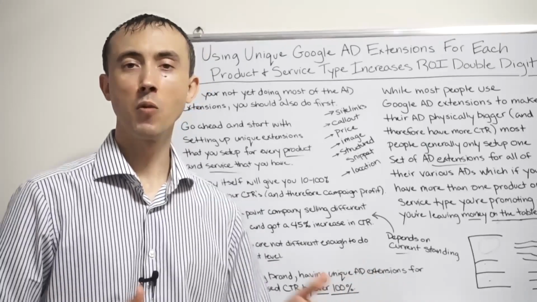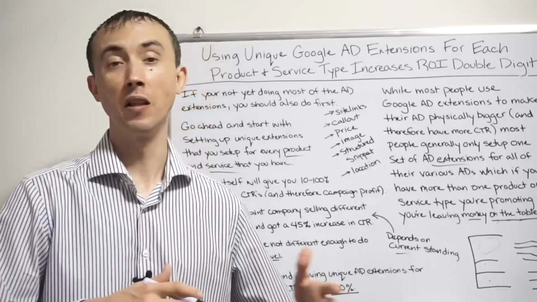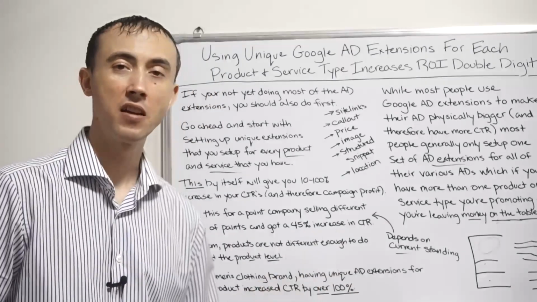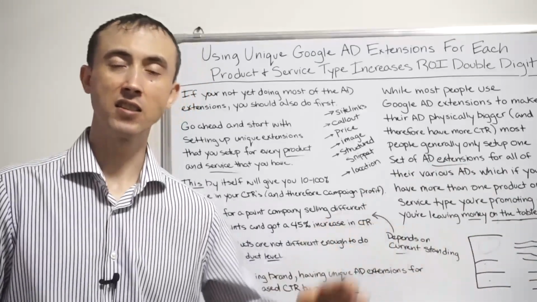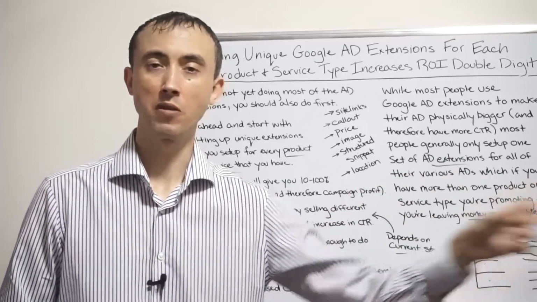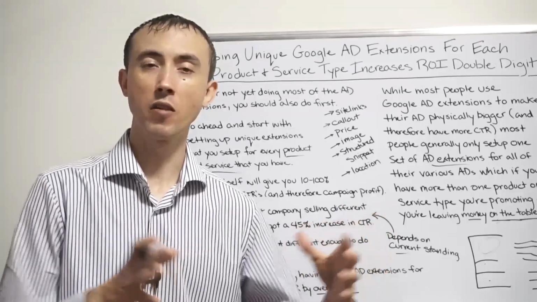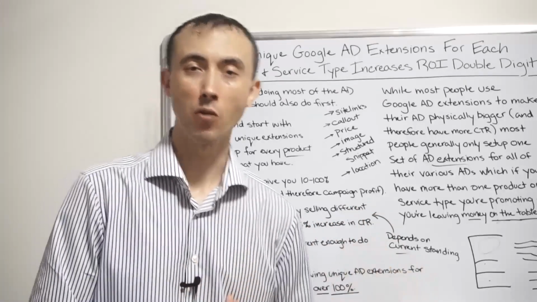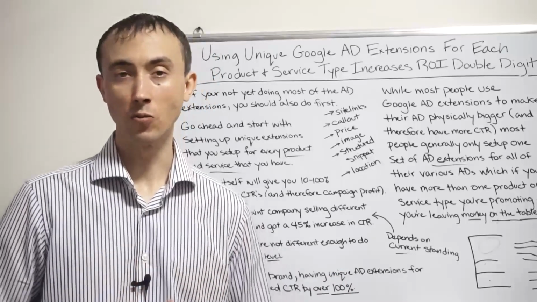So, with all that said, that's one example of how you can get a lot more than even the 45%, particularly if you take it all the way down to having ad extensions on each product or service itself versus a drilled down category of products or services that you set up unique ad extensions for.